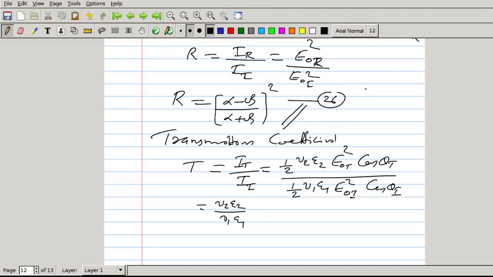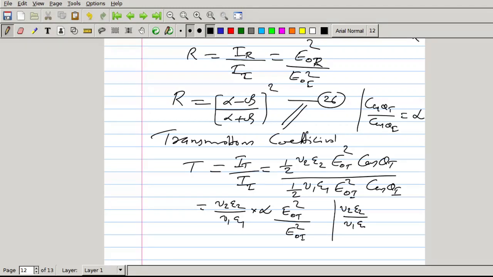What is cos theta T by cos theta I? Cos theta T by cos theta I is alpha. So this term I can take as alpha E0T square by E0I square.